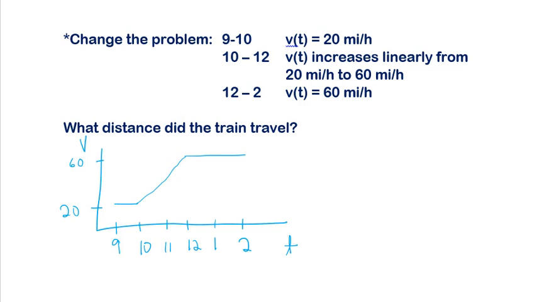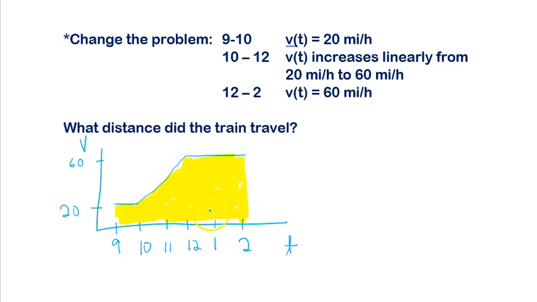Okay, so now that we've got it drawn, to calculate the distance, we want to think about that area under that graph and above the x-axis. So all this little area in here. And that's not a nice geometric shape that we know. That is kind of a funky shape.